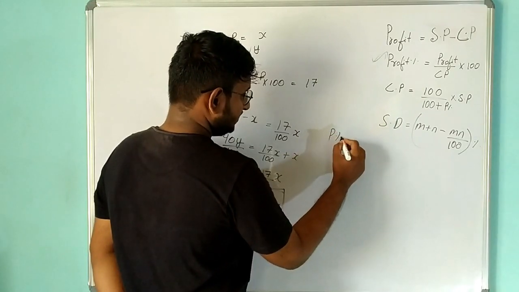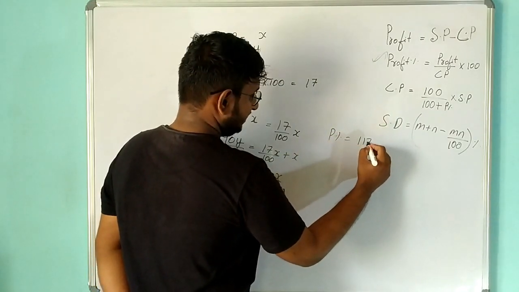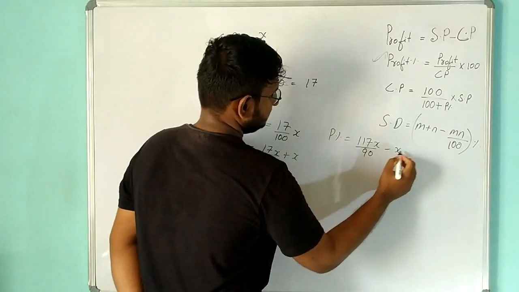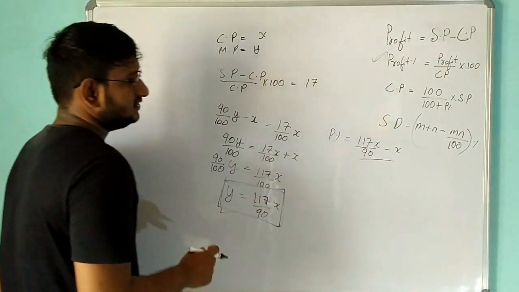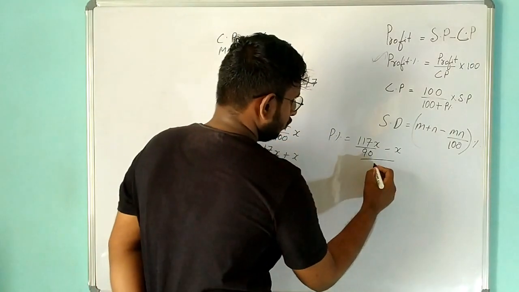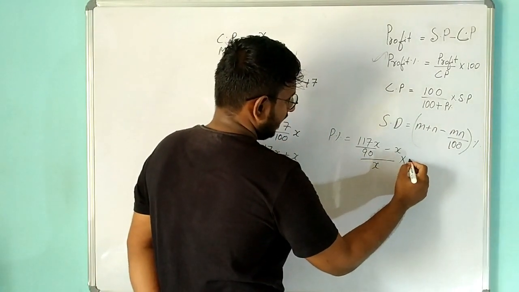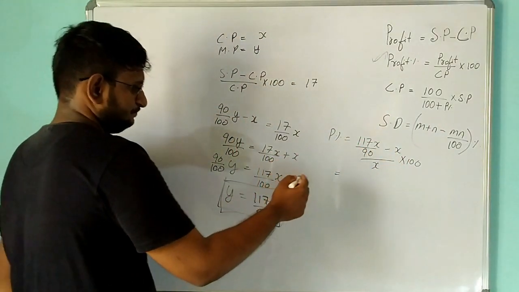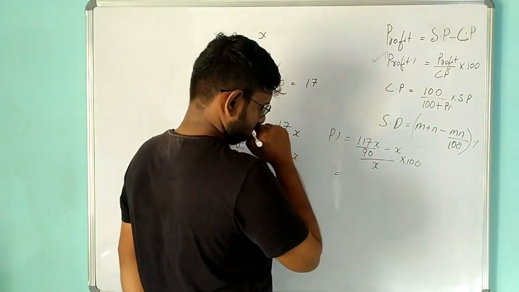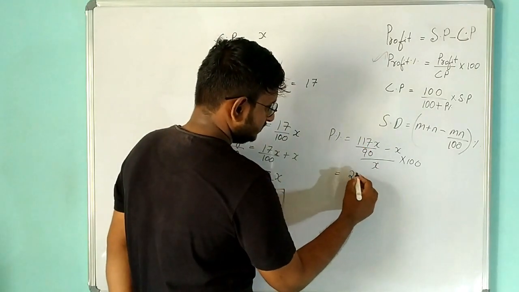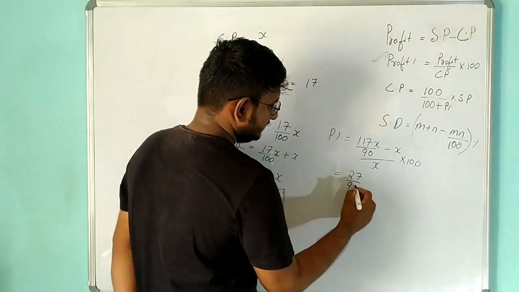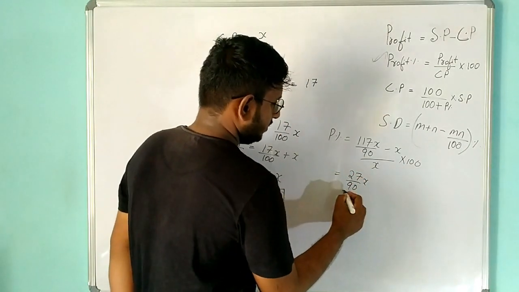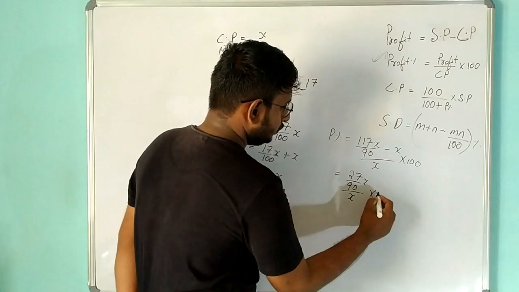So profit percentage is equal to 117x divided by 90 minus x, divided by the cost price, which is x, into 100. So I am going to calculate this. I will have 27x divided by 90, divided by x, into 100.